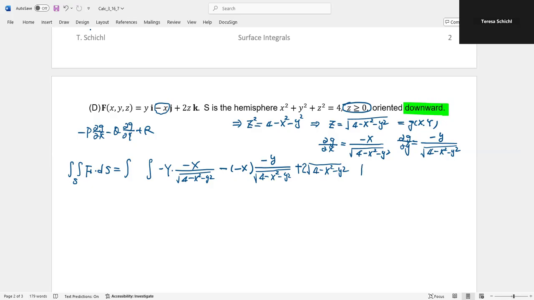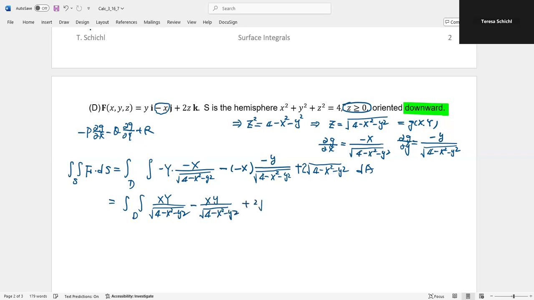Correct? Now I'm integrating around the area, so we need to see what happens here. So this is negative, negative, so this is a positive xy. Then here is 4 minus x squared minus y squared. This is a negative, positive, negative, so this will be minus xy times 4 minus x squared minus y squared.